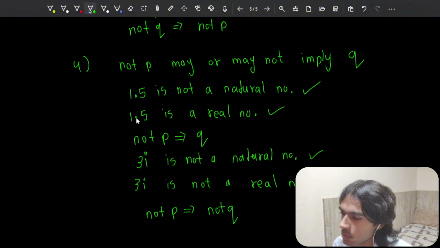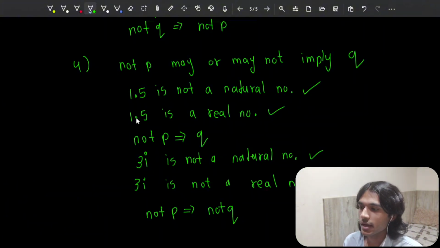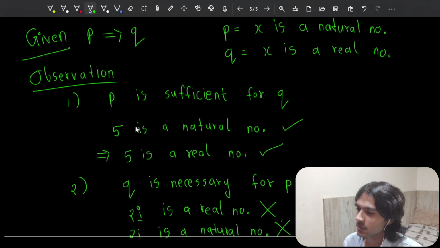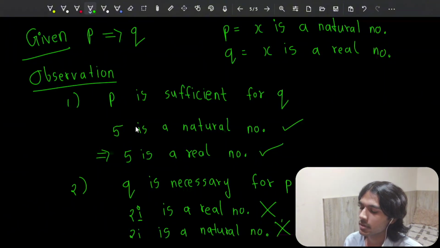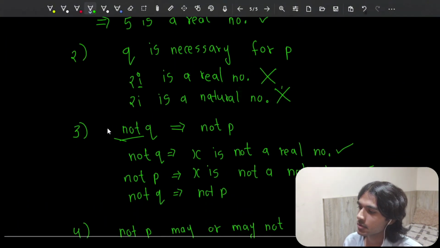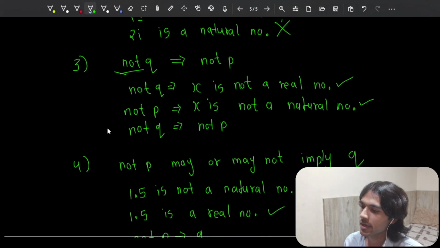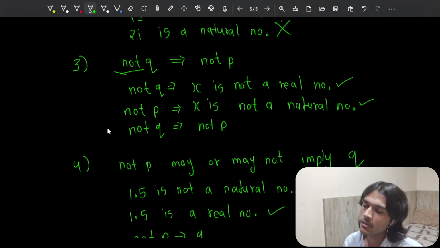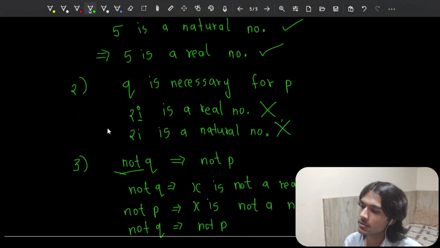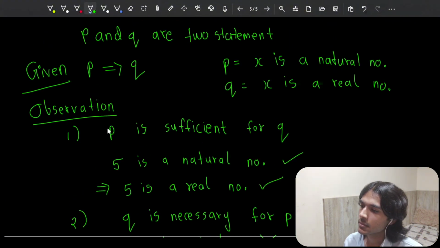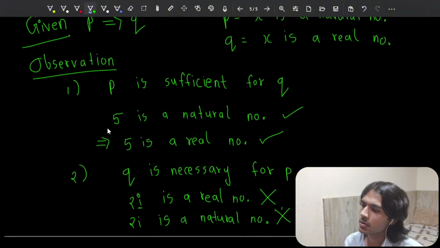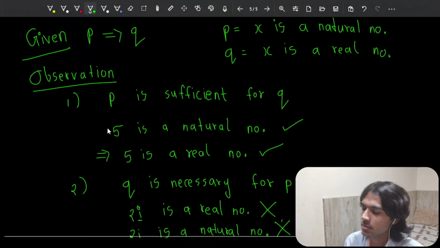I think there is one more I'm missing. Like I have forgotten what I was supposed to remember, I guess. So let me just think. So we have P sufficient for Q, Q is necessary for P. Then we have not Q implies not P. Then we have not P may or may not imply Q. Now what I need is not P, not Q. P will imply Q, sure.